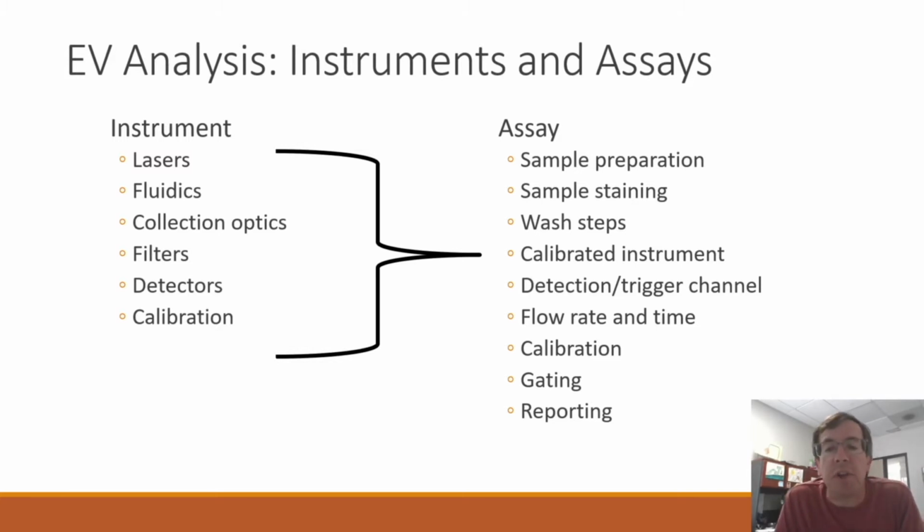And the results of an EV analysis will depend heavily on issues like sample staining, any wash steps, how you decide to use your flow cytometer in terms of a trigger channel or fluidics, and then obviously calibration, gating, and reporting all have a major impact on the results that are reported.